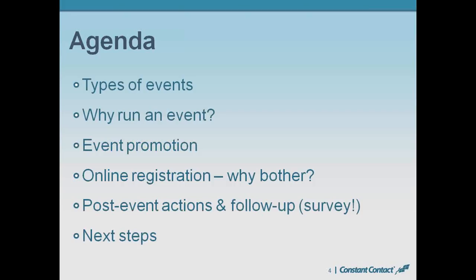I also want to make a quick note about for-profits and nonprofits, the industry verticals. I'm often asked how the things I'm talking about should be adjusted or changed for a retail operation, a nonprofit, or a service business like a B2B firm, or someone in a different industry vertical. The good news is that the principles that will be discussed today are largely universal. They can benefit a nonprofit just as much as a for-profit.